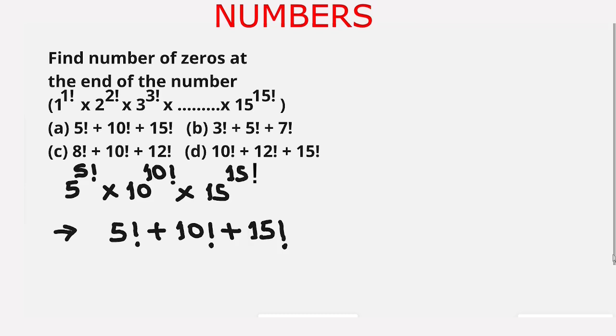And this will be the power of 10 in the given number, which also gives the number of zeros at the end of the given number. From the given options, our answer is option A, 5 factorial plus 10 factorial plus 15 factorial. I hope you have understood the method of solving such type of questions. We go to the next question.